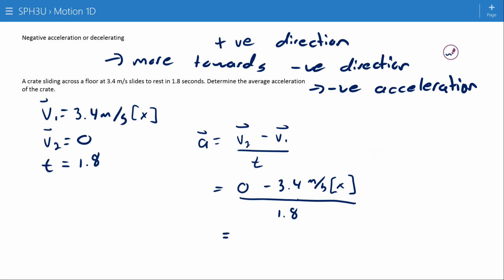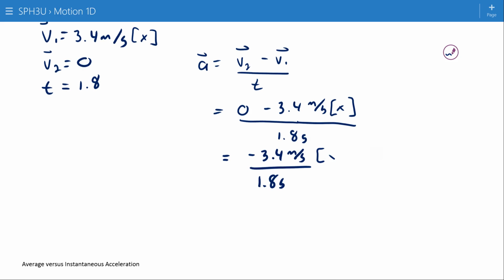So 0 minus 3.4 is just negative 3.4. And 3.4 divided by 1.8, we get an acceleration here of negative 1.9 meters per second squared x.